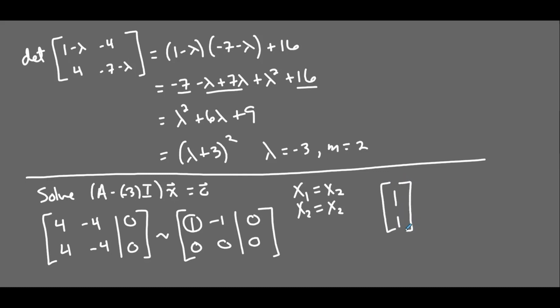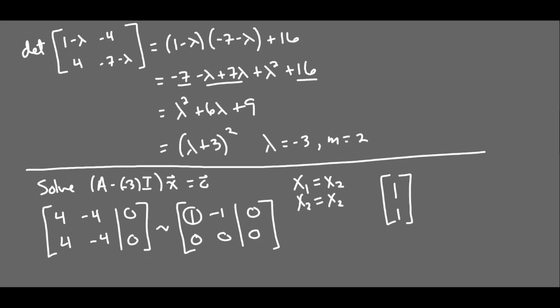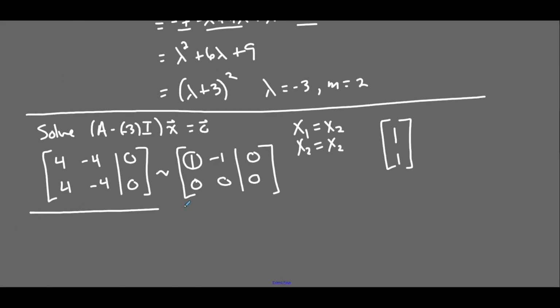All right, so we need two linearly independent vectors to make our solution. And since we only have the one eigenvector, we've got to come up with something else. So here's what you do. You're going to take this same matrix.